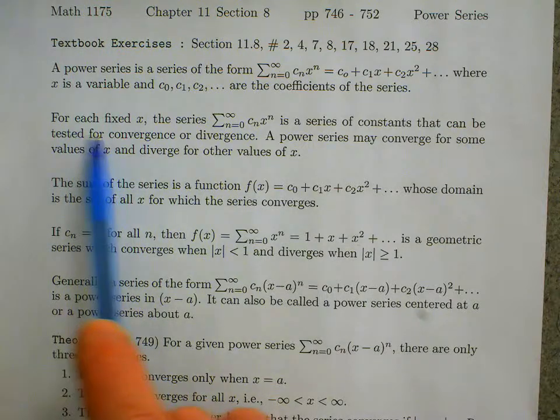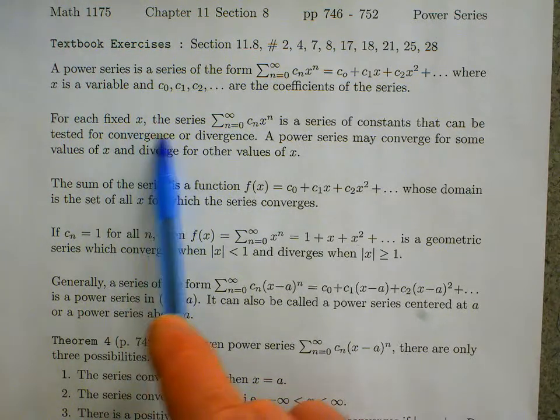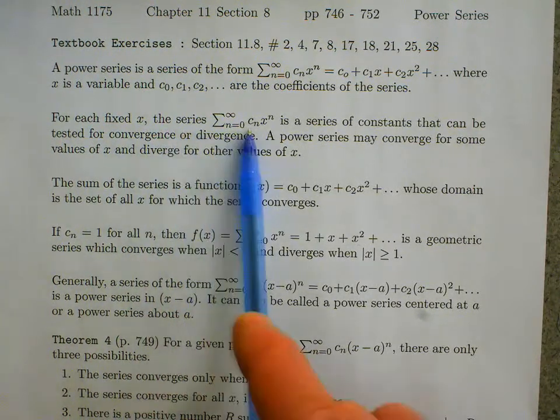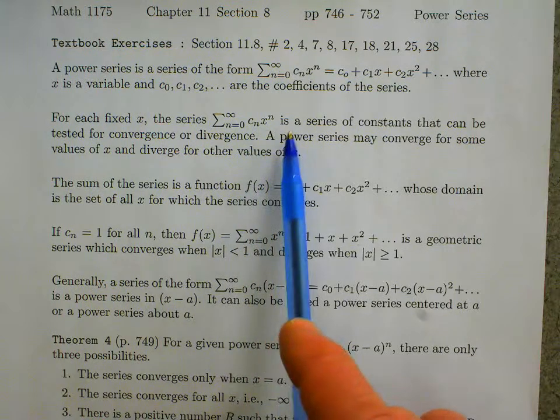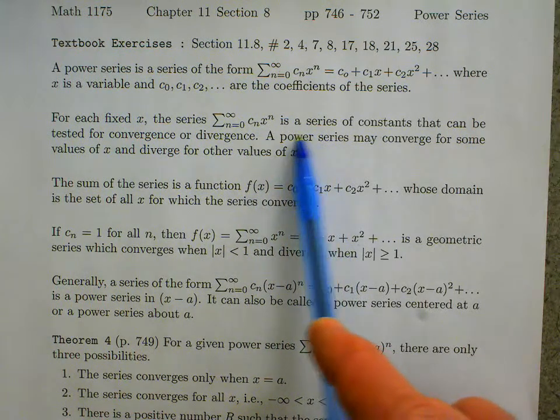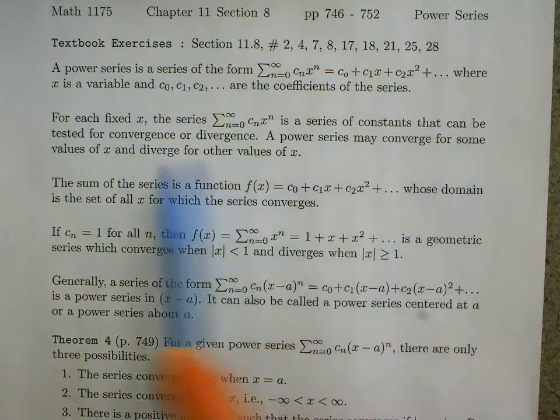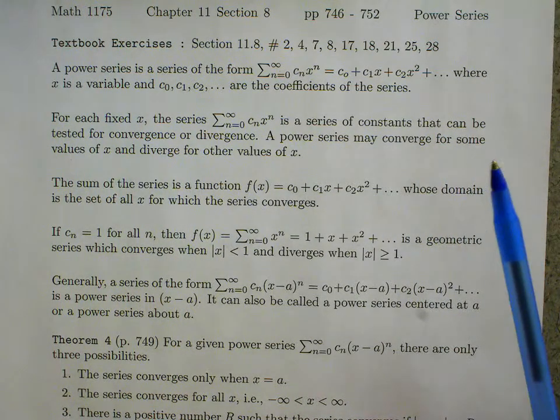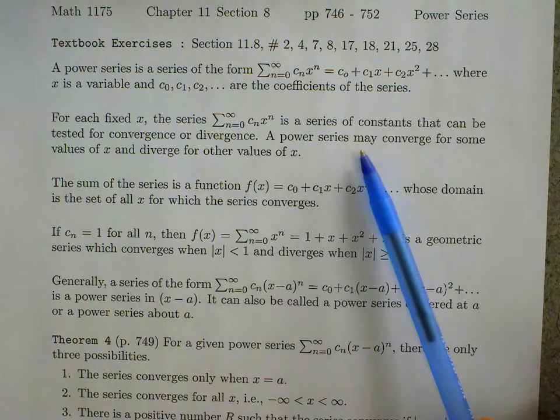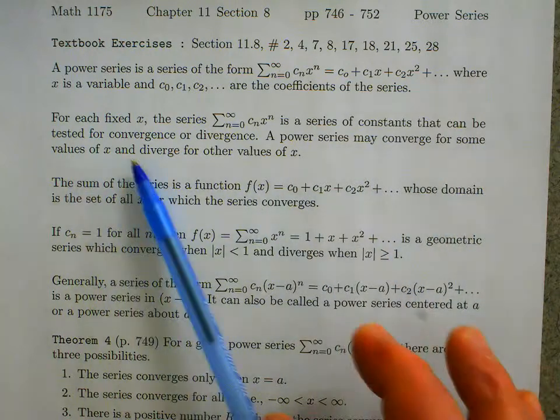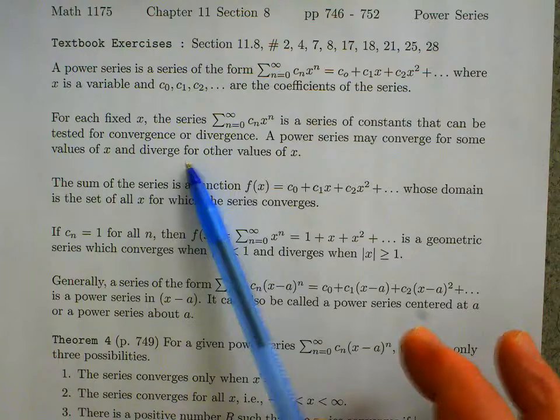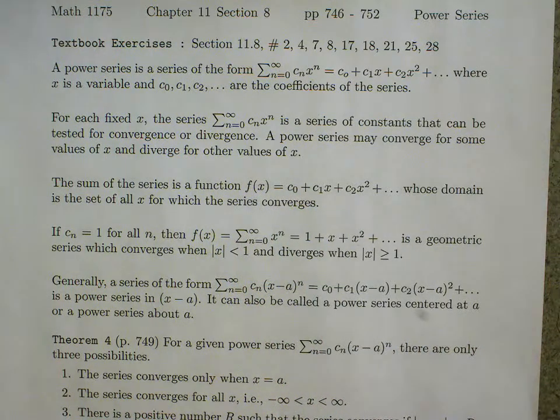For each fixed value of x, this power series is a series of constants that can be tested for convergence and divergence. So a power series may converge for some values of x and diverge for other values of x.